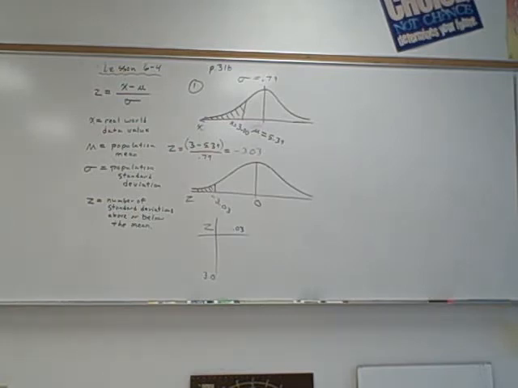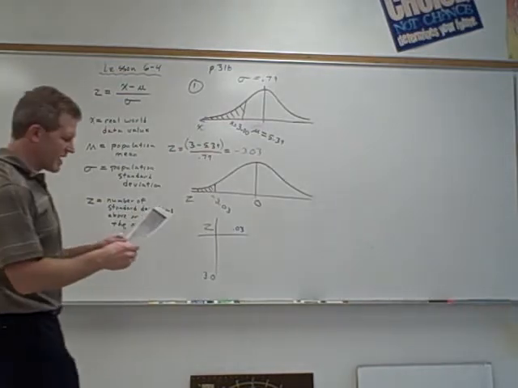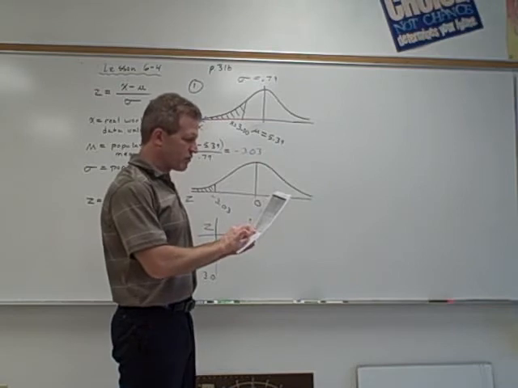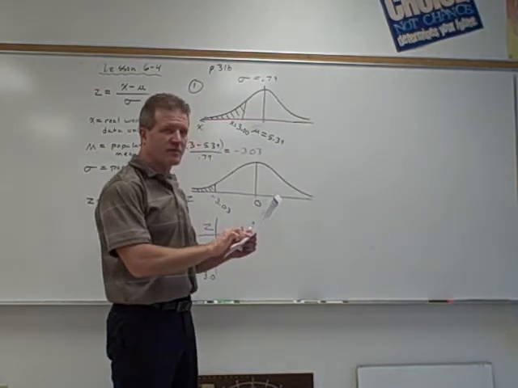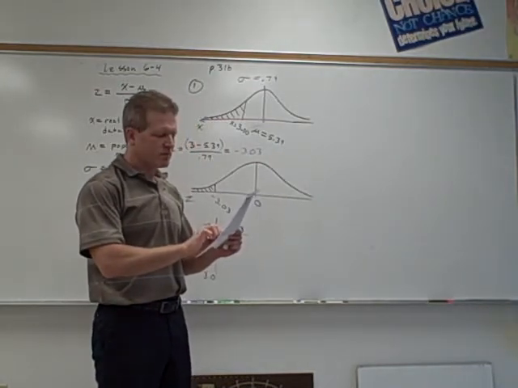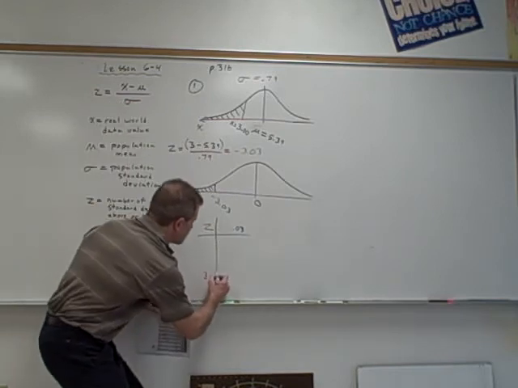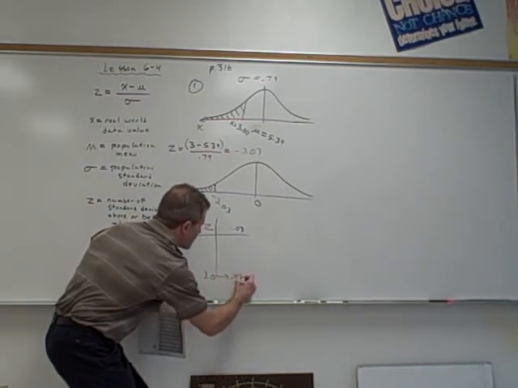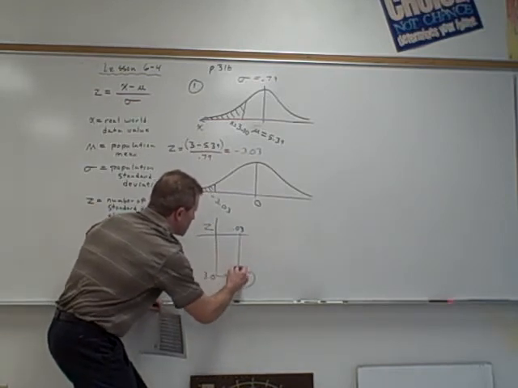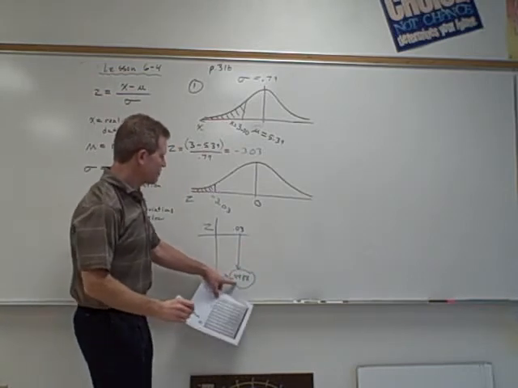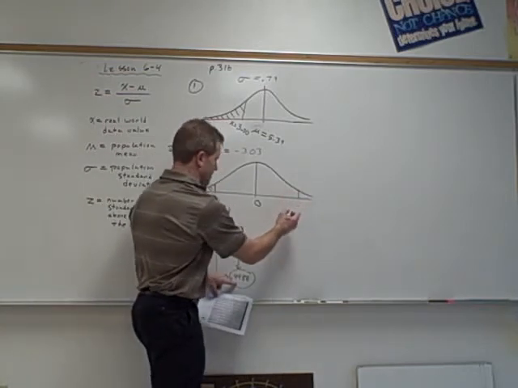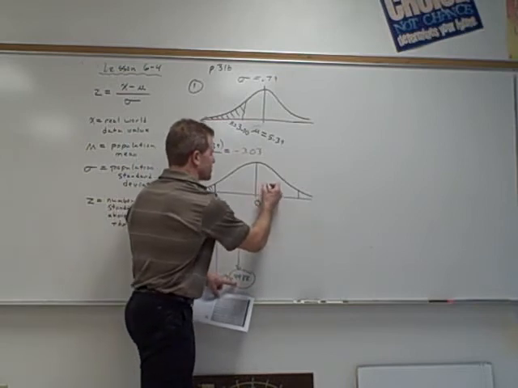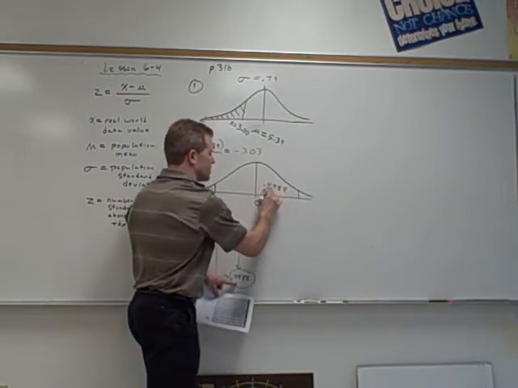On your z-table, your z-score table, yep, you go way to the bottom, 3.0, you go over to 0.03, what number do you see? 0.4988, correct. So 0.4988. Now remember, that value is always the area to the right of the mean. So that value, 0.4988, is actually this number right there.